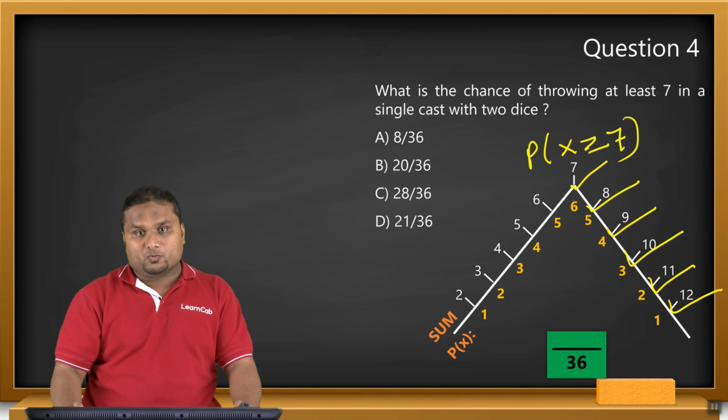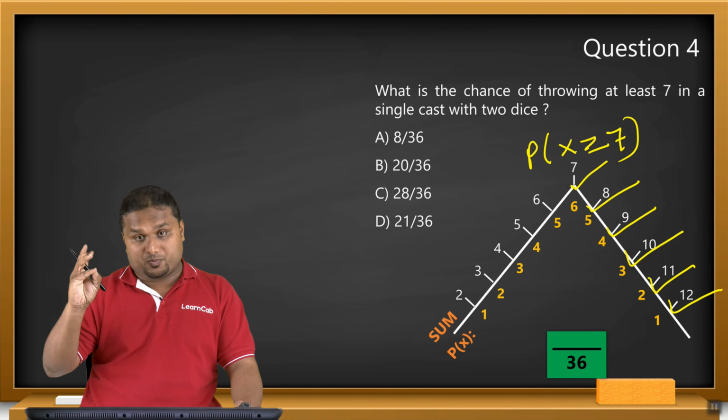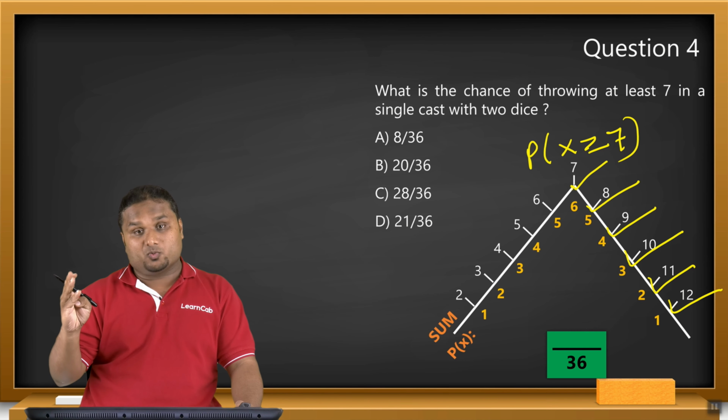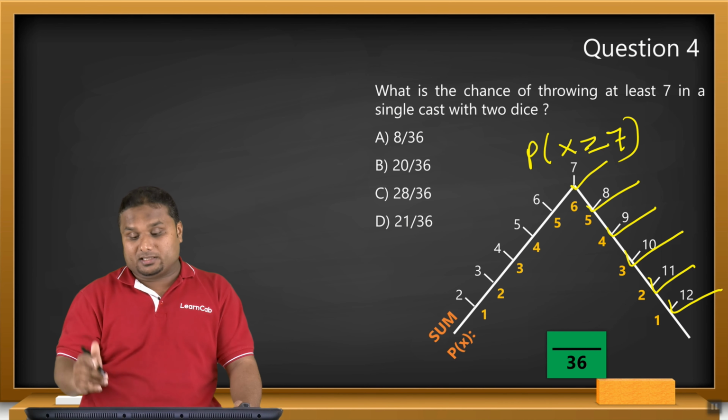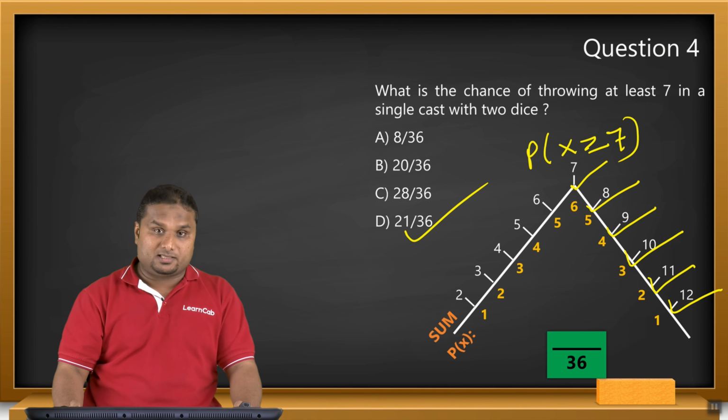So you have to find out the probability that their sum is greater than or equal to 7. That is 6 plus 5 plus 4 plus 3 plus 2 plus 1, that is 6 into 7 divided by 1 into 2, that is 21. So 21 divided by 36 is the answer.